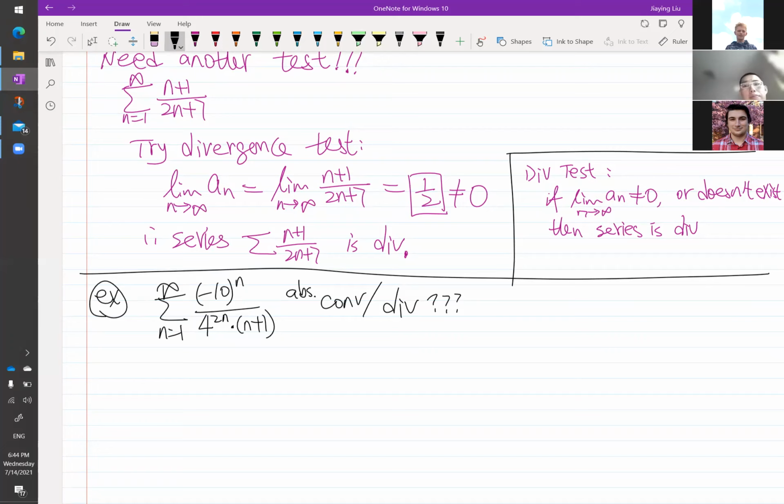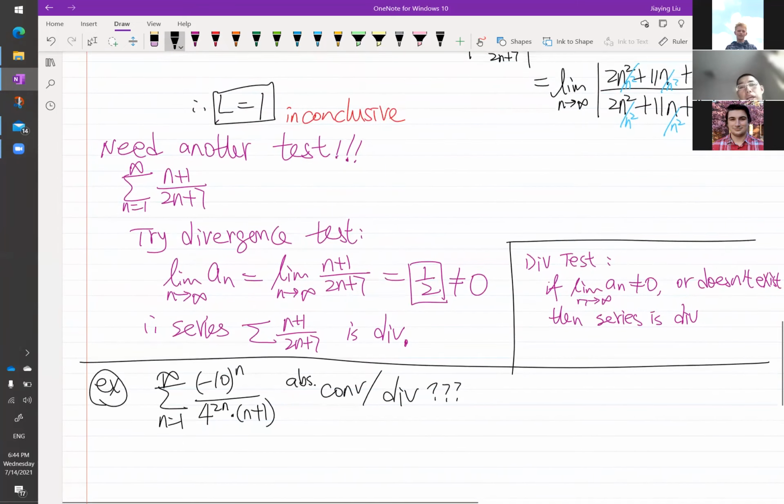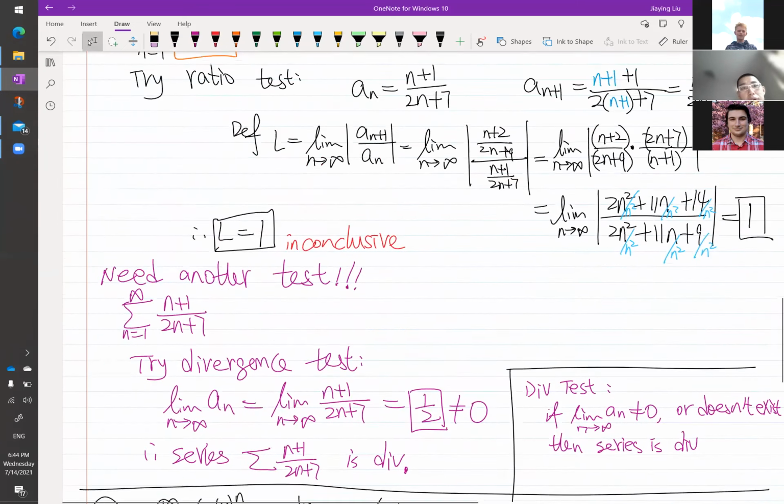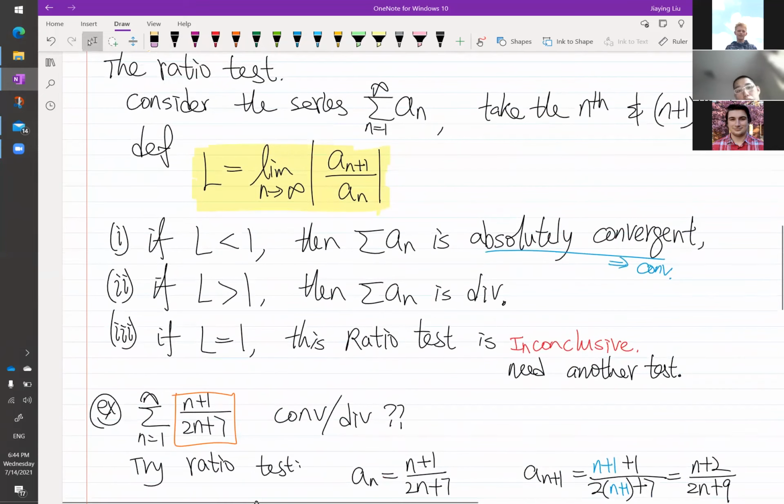So Julie, I'm not sure which one you talk about when you say inconclusive. Are you talking about the divergence test or the ratio test? For the ratio test, if it's greater than 1, it's divergent. If it's equal to 1, it's inconclusive.